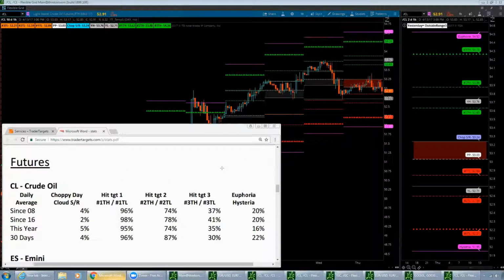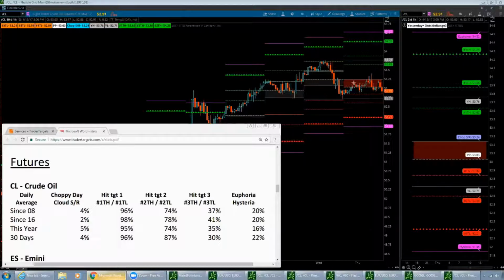Now, for clarity, we have discussed that the TraderTargets model is a mixture of pivot point theory and trend, momentum, and volatility analysis. So the dividing line between whether you're going to look towards a target high or a target low certainly becomes this chop cloud.